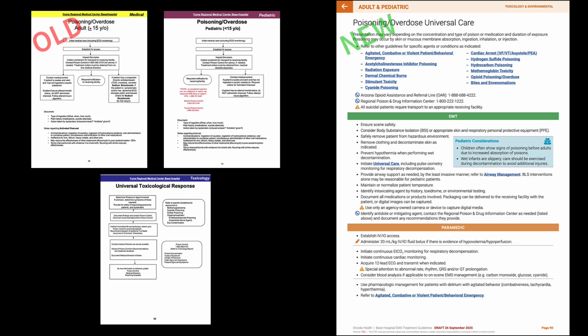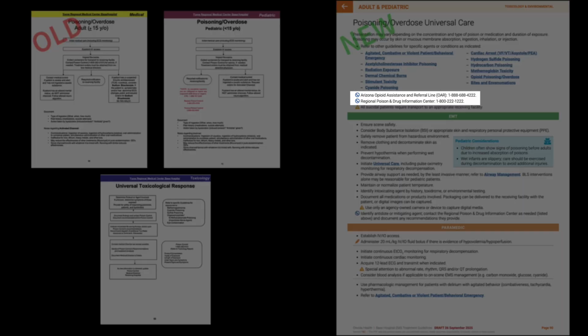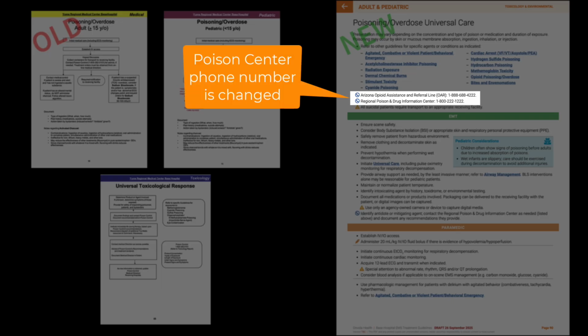Right below that, you'll also find quick access to 2 key resources that are available to you 24 hours a day, 7 days a week: the Arizona Opioid Assistance and Referral Line, as well as the Regional Poison and Drug Information Center. These numbers are shown right here, front and center, for easy reference in the field. Please note that the phone number to the Banner Regional Poison and Drug Information Center is updated throughout this document and correct on this new version.